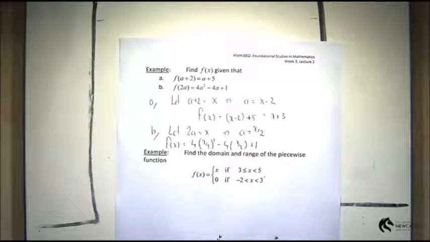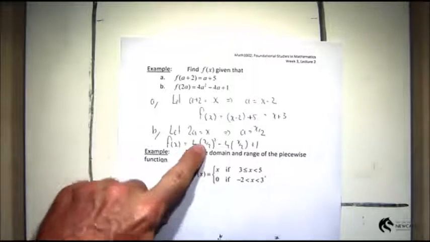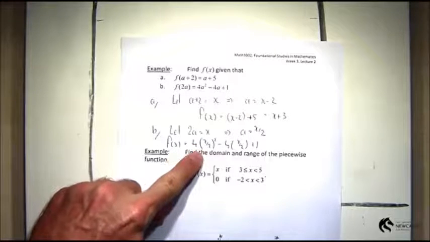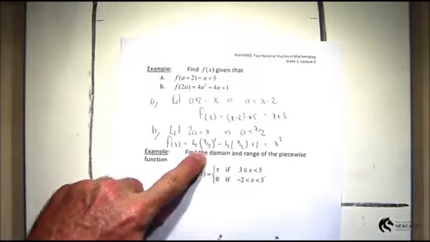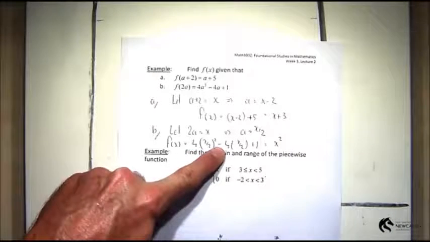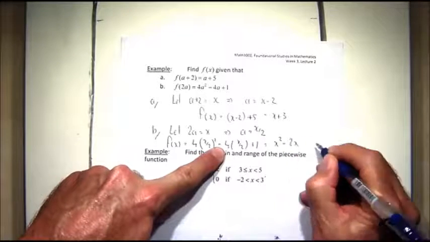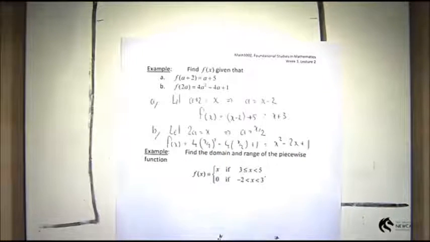And I can simplify that a little bit because x on 2 all squared is x squared on 4. 4 times x squared on 4 is just x squared. Minus 4 times x on 2 is minus 2x plus 1. And so there's my formula for f(x). So all of these examples are just trying to get you used to the idea of the function notation.